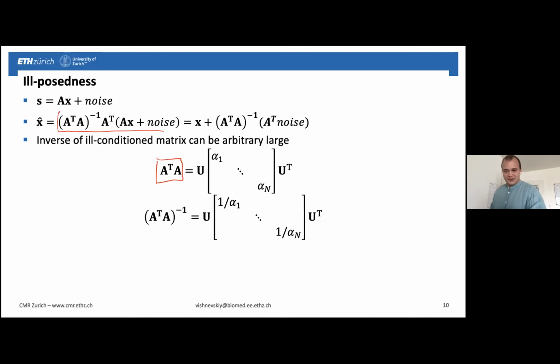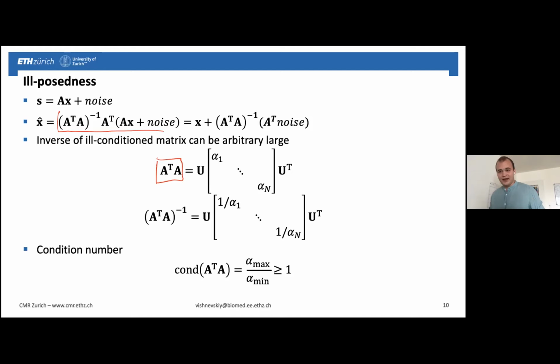We introduced this decomposition to calculate the inverse matrix, and we see that when we invert the matrices, we actually invert the eigenvalues.